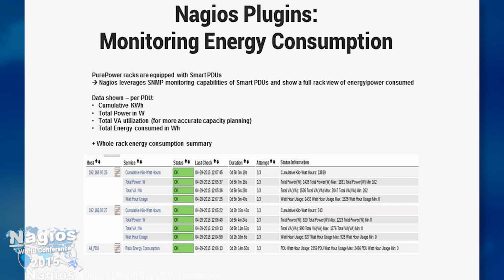So it's nice to see how much energy it's consuming. It gives you VA, volt-ampere information, so you can properly size to capacity. If you need to put more power nodes, you want that information to be able to see how much it's consuming and how much you can put in there, right?